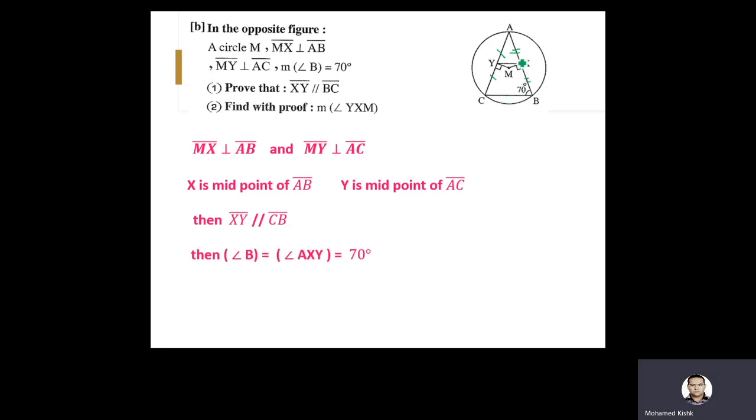From parallelism, we can find that the measure of angle AXY is equal to the measure of angle CBA, corresponding angles. So the angle will be 70 degrees also. We have a straight angle AXB, 70, 90. So the remaining small one, which is YXM, is 180 minus (70 plus 90), it will be 20 degrees. Let's go to the next question.